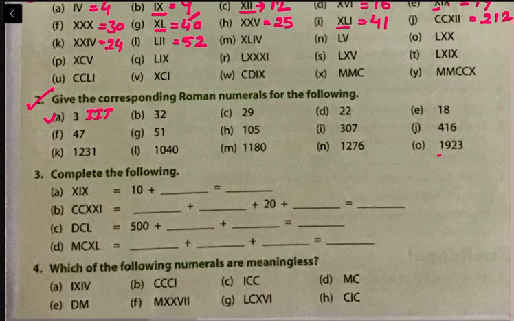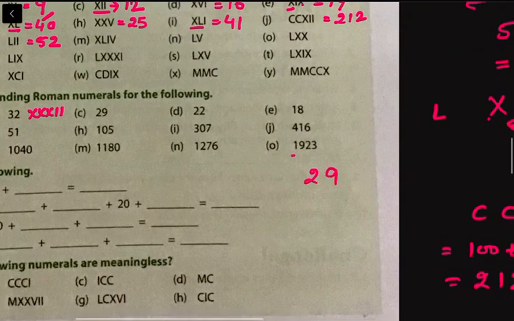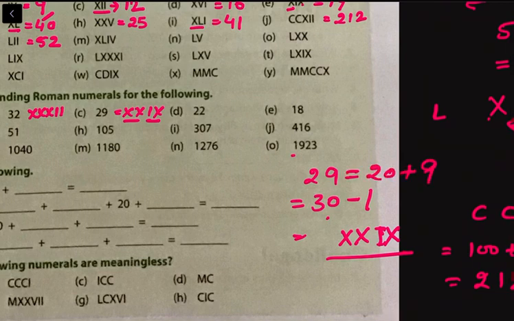III. Just as we write 1, 2, 3 in class, this is just the same. 32 is XXXII. 29, this is important. 29 equals 30 minus 1. For 30 we have XXX, so 29 is XXIX. This is 20 and 9, we can write it as 20 plus 9. This stands for 20 and this stands for 9.